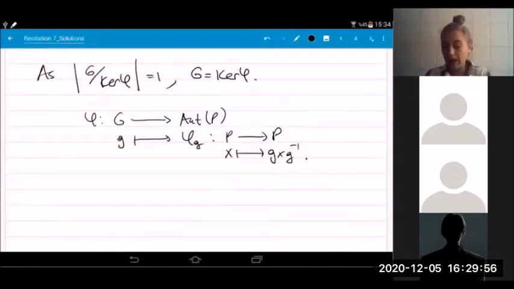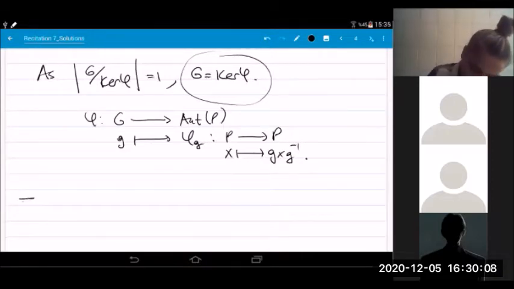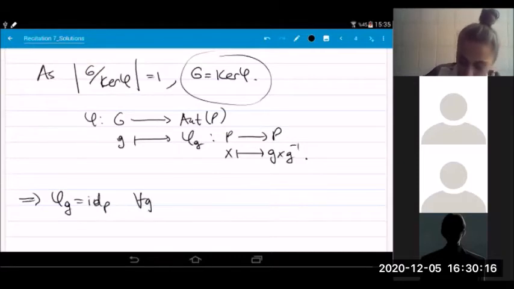But since G is equal to kernel phi, this means that every element of G acts on P like the identity map. Phi sub g is equal to the identity on P for every g in G.